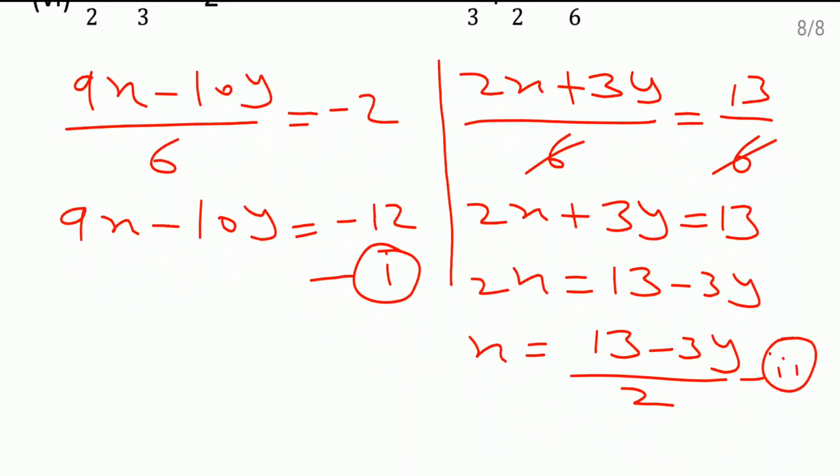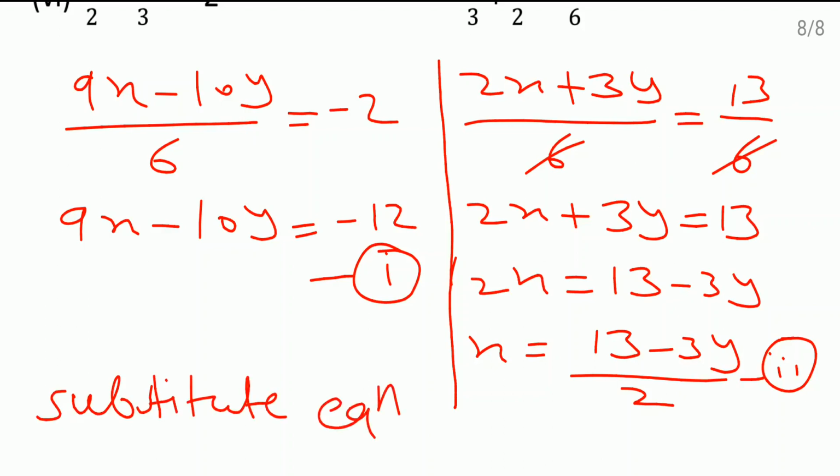Now what we need to do? This equation 2, that means value of x, will substitute in equation 1. Right? So no confusion should be there. So I'll write down substitute equation 2 in equation 1.